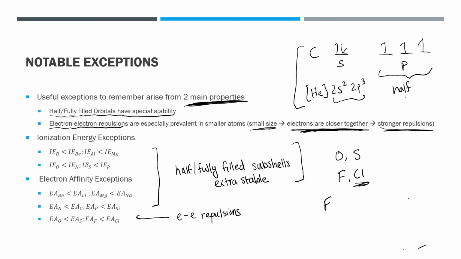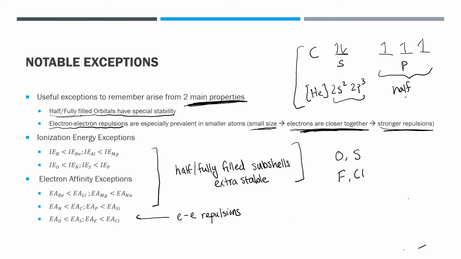Whereas if I add an electron to chlorine, the electrons are farther apart because chlorine is a bigger atom, so we have less strong electron-electron repulsions, and this keeps the energy low, which is what we want. So this means that the electron affinity of chlorine is actually going to be greater than that of fluorine. And the same thing happens with oxygen and sulfur.